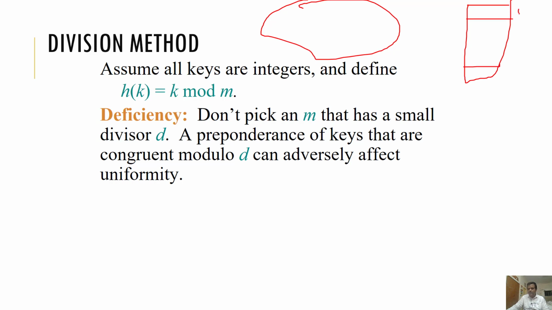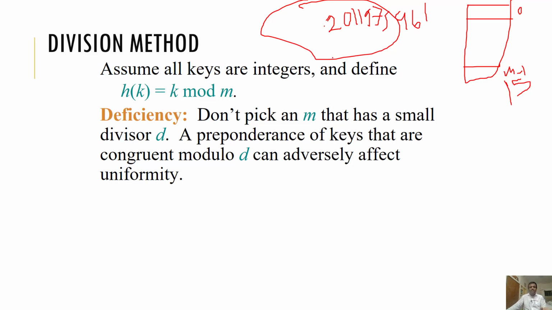If we take a big integer key, and suppose m is 2 to the power 4, which is 16, then we have a table 0 to 15, and everything must map to this.